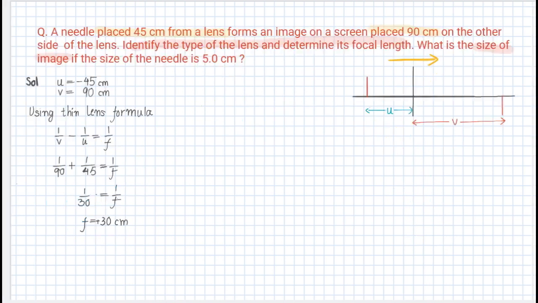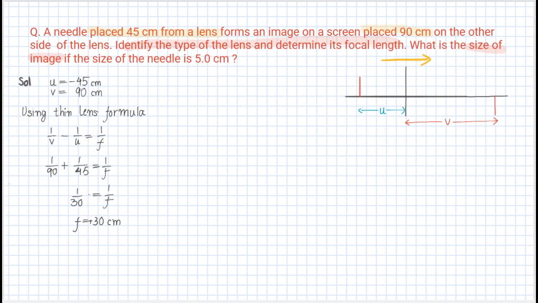So I can write, if the focal length is plus 30 centimeter, then in our case it will be a converging lens.